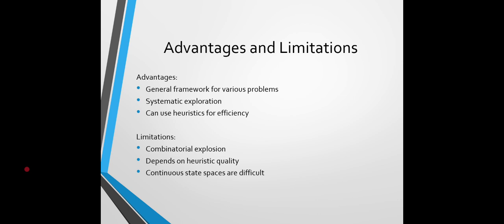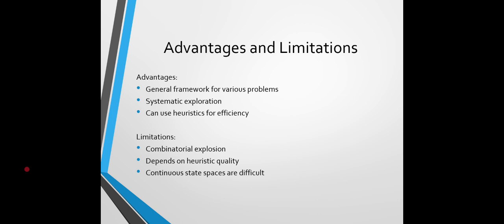Let's look at some of the advantages and limitations. State space search offers significant advantages. First, it provides a general framework by modeling any problem as states and operators. We use the same set of algorithms to solve widely different problems like route planning and resource scheduling.